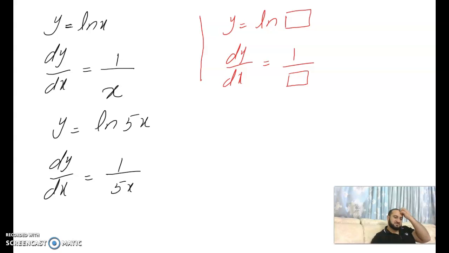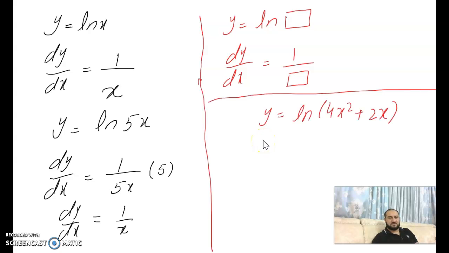But we will not stop here, since there is a 5x and we need to apply the chain rule. Once we differentiate the inside 5x, the derivative will be 5. So dy by dx will be equal to 1 over x.